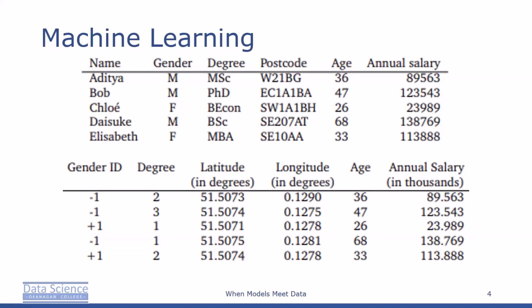For our purposes here, we assume that the domain expert has already converted the data appropriately. That is, each row is a d-dimensional vector of real numbers, which are called features, attributes, or covariates. We assume the data set to look like the bottom data set.